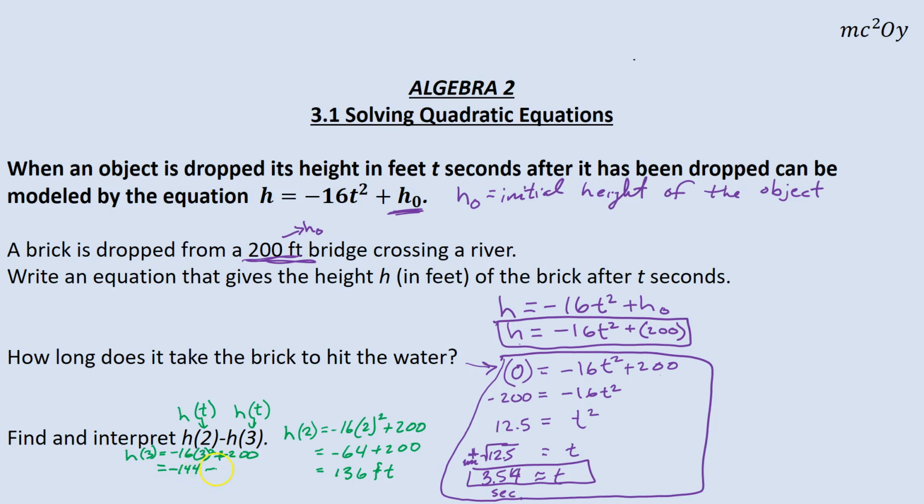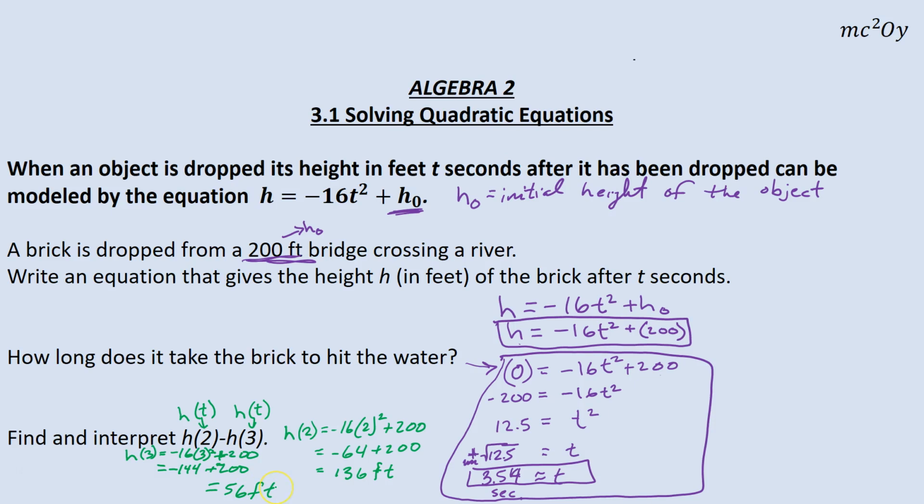Negative 144, and we add 200. Negative 144 plus 200 is 56.